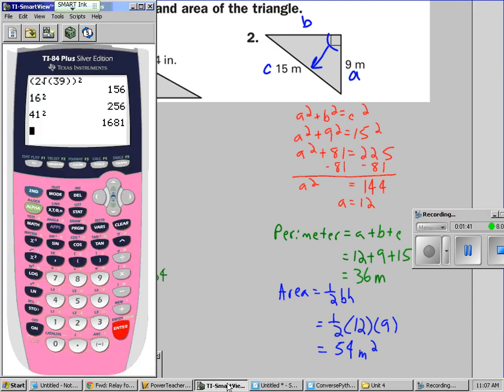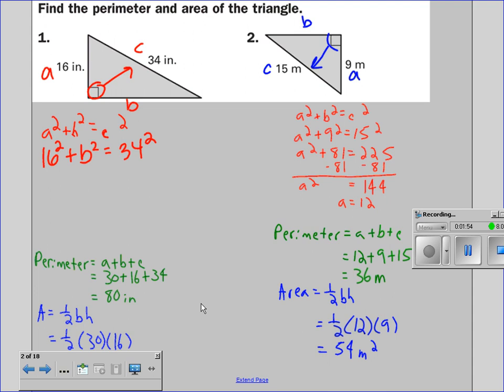On the calculator, we do 16 squared and get 256, and 34 squared we get 1156. So we know that 256 plus B squared is going to be 1156.